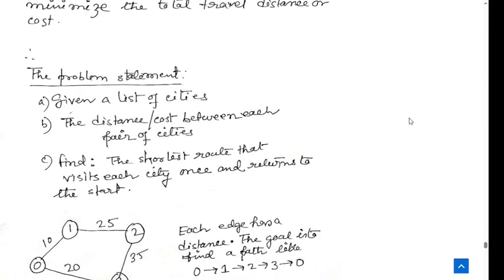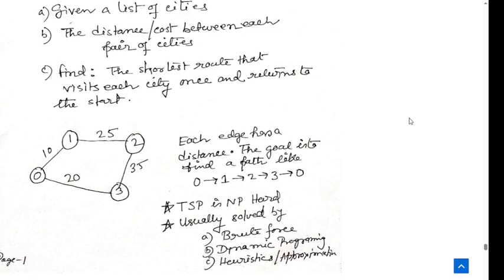One simple example: here you can see these are the cities, 0, 1, 2, 3, 4, and in between pairs of cities you have distances. City 0 to 1 is 10, 1 to 2 is 25, 2 to 3 is 35, and then 3 to 0 is 20.